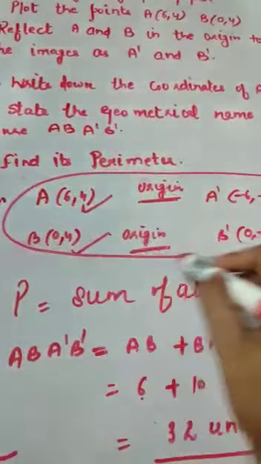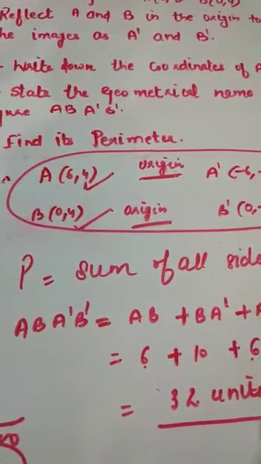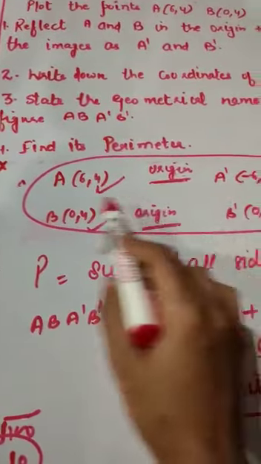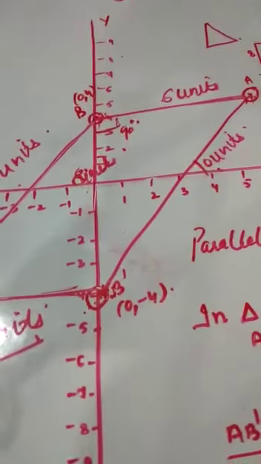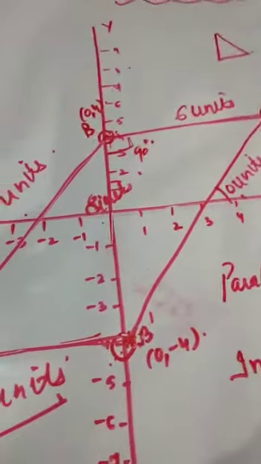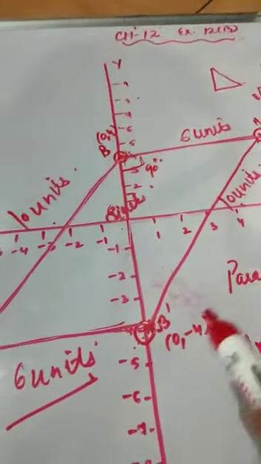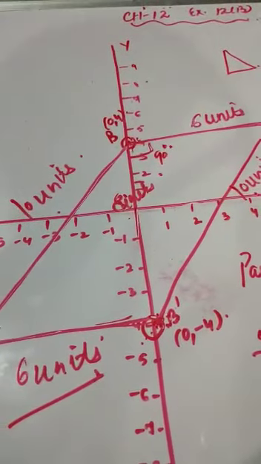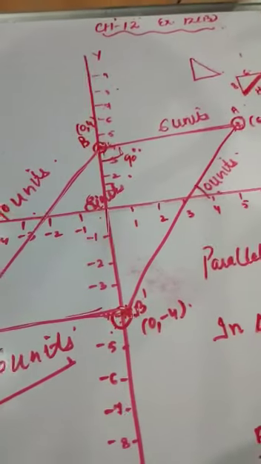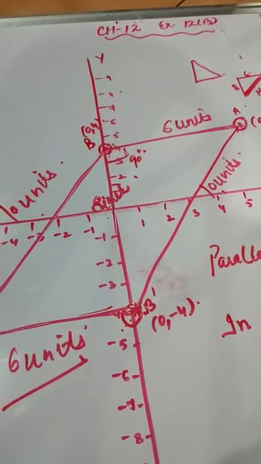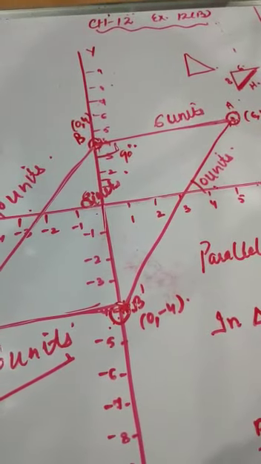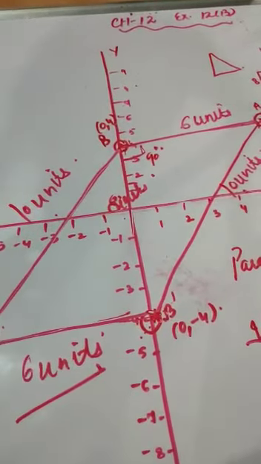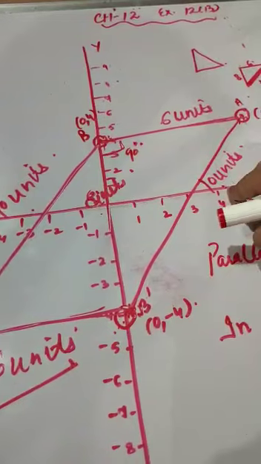After finding the images of A and B in the origin, we plotted A dash and B dash on the graph paper. When we plotted all these on the graph paper, we got a figure, that is a parallelogram. The next part is to find the perimeter of the parallelogram. To find the perimeter, we need all sides of the parallelogram, but we didn't have this side.